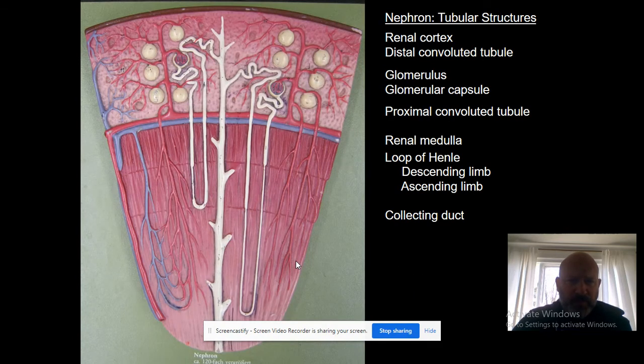Moving on. Now, inside the kidneys, we have millions of filtering units. These are called nephrons. The nephrons are tubular. And what happens, there's an interaction between the blood vessels and the nephrons.